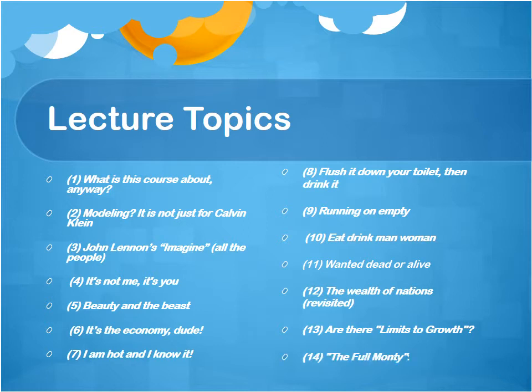And then we're going to close the class by looking at sustainability as an integrated topic, and how all these variables that we have been discussing in each of the lectures come together to try to answer the big problems of the world, poverty and food production and how society can hold itself together over time.